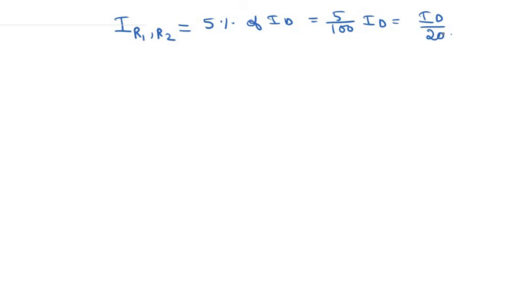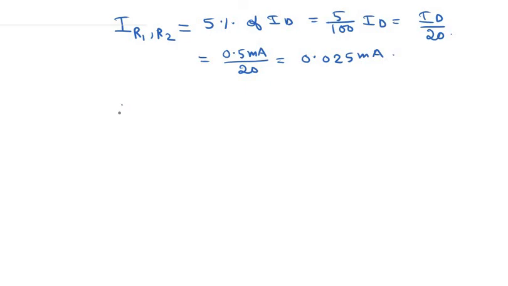We know ID is equal to 0.5 milliamperes, and divided by 20, this gives us 0.025 milliamperes. So the current through the resistors R1 and R2 is 0.025 milliamperes.